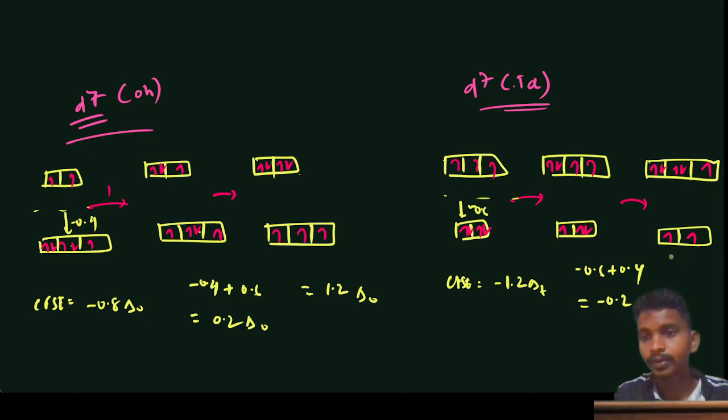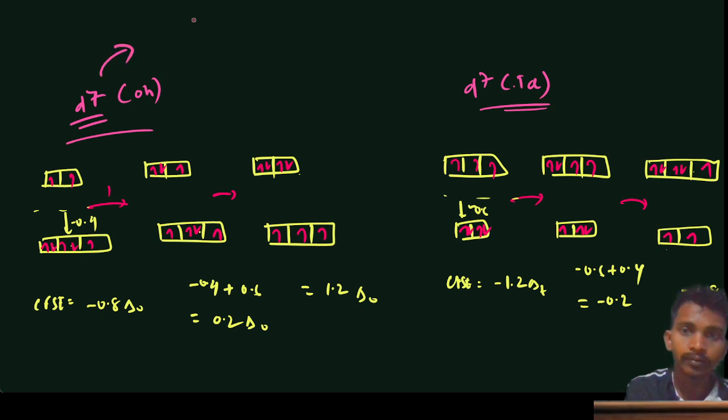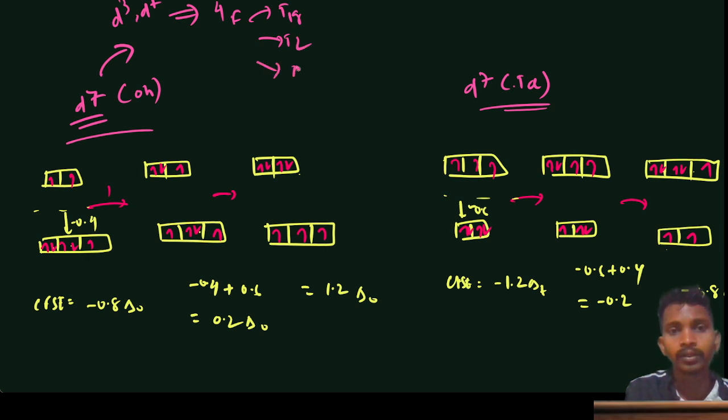And for this case, negative is not there, only these 1 2, that is going to be 0.8 delta T. Okay, now assign these values. So D7 also, you see that D3 and D7, we see that we get that value on F4, and whenever F is there, here also T1g, T2g and A2g are there.